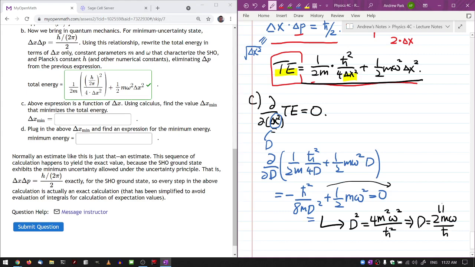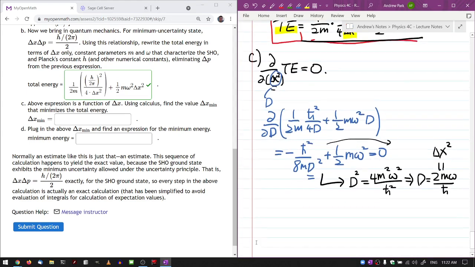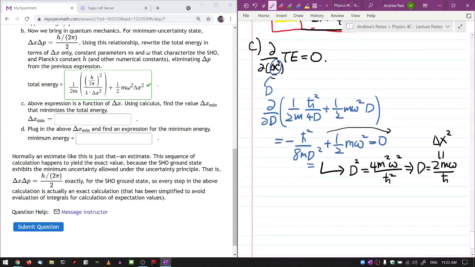So this is my delta x squared. So for my delta x min, I need to take another square root here. And when I do, this is the uncertainty in the position which will minimize the total energy. That's a square root of this.